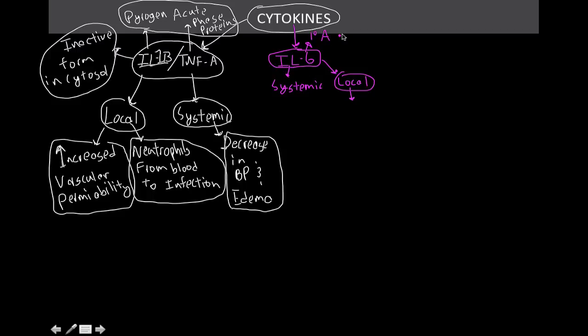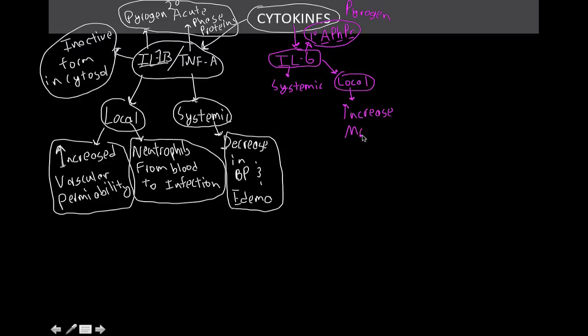This is a primary acute phase protein, whereas these were secondary acute phase proteins. Interleukin 6 is a primary acute phase protein, and it is also a pyrogen.